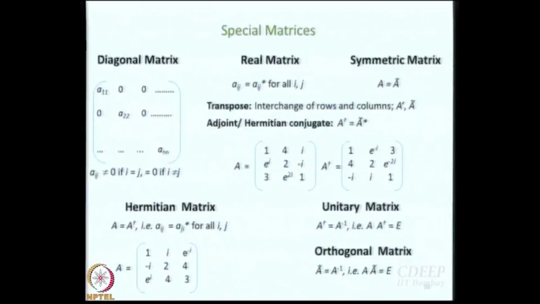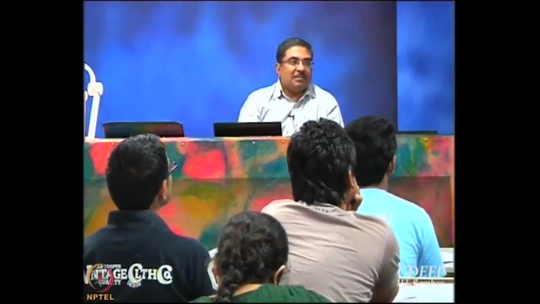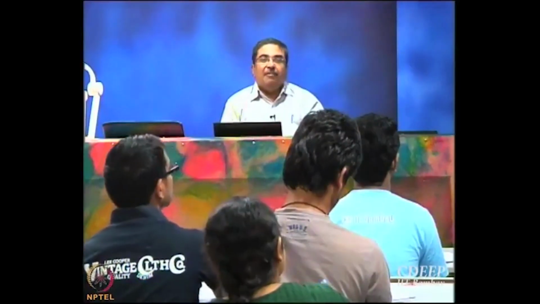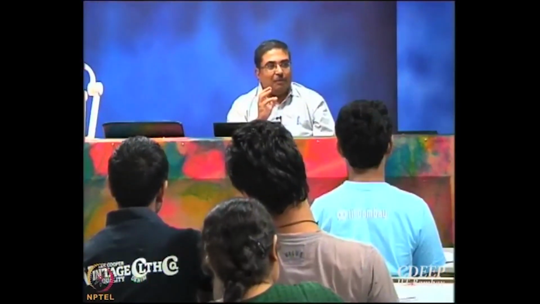And why are we so bothered about unitary matrices? Unitary matrices have this very special property that columns or rows of unitary matrices are related to a set of orthonormal vectors in general vector space. Have you encountered sets of orthonormal vectors anywhere? Did you not study there the orbital? What is an orbital, by the way?